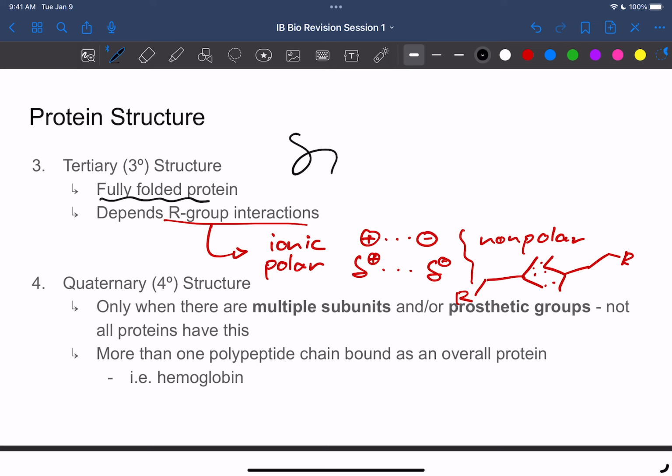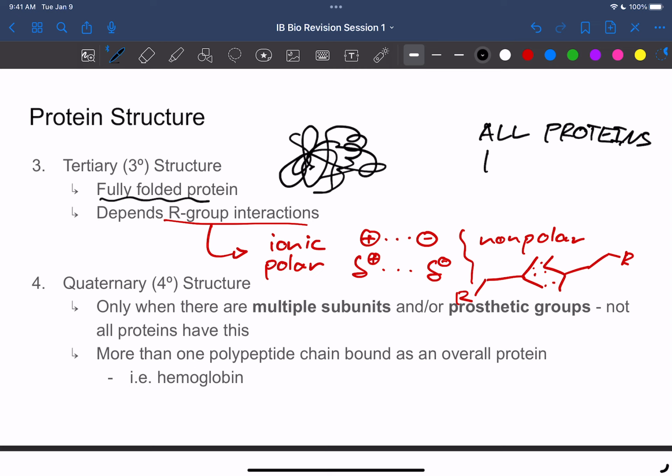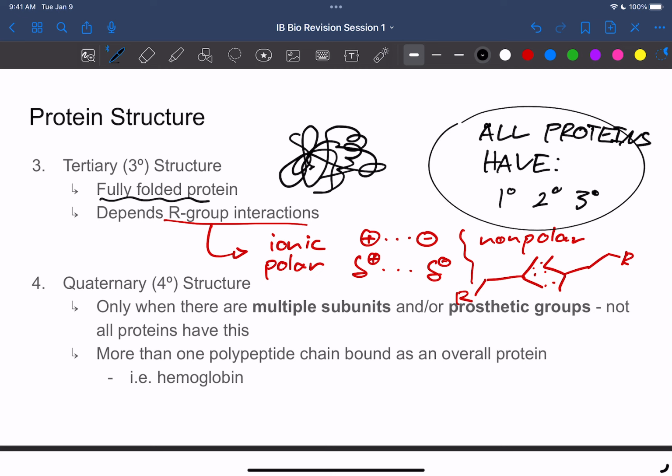So it's this full complement of everything. This is your tertiary structure. Kind of a bad drawing, but whatever. So all proteins have primary, secondary, tertiary, all of them.